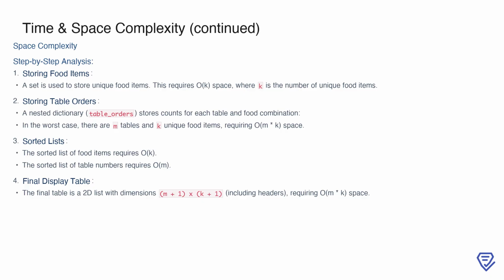Additionally, we maintain sorted lists for the unique food items and table numbers. These sorted lists require k and m space, respectively. Finally, the display table itself is a 2D list with dimensions (m+1) x (k+1), including headers. This also requires m*k space. Together, the dominant term in space complexity is m*k, as it represents the largest contribution.